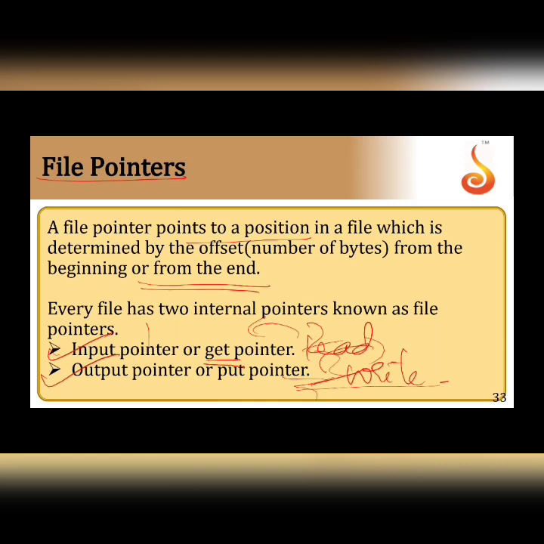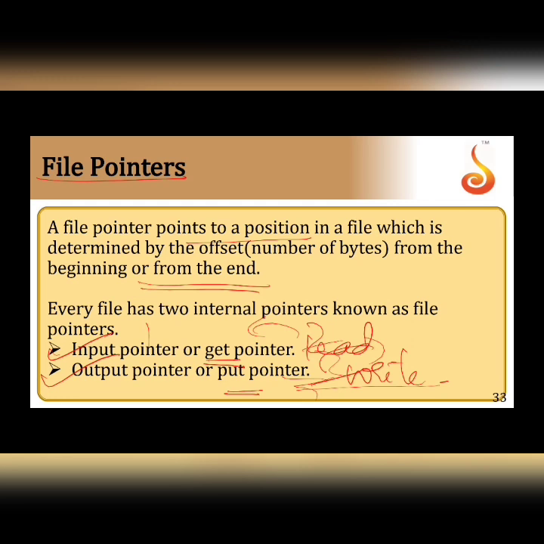So get is the input operation wherein it reads into the program, and the output pointer, also known as the put pointer, points to the location where the next element has to be written. That is output, where you need to write the next element.